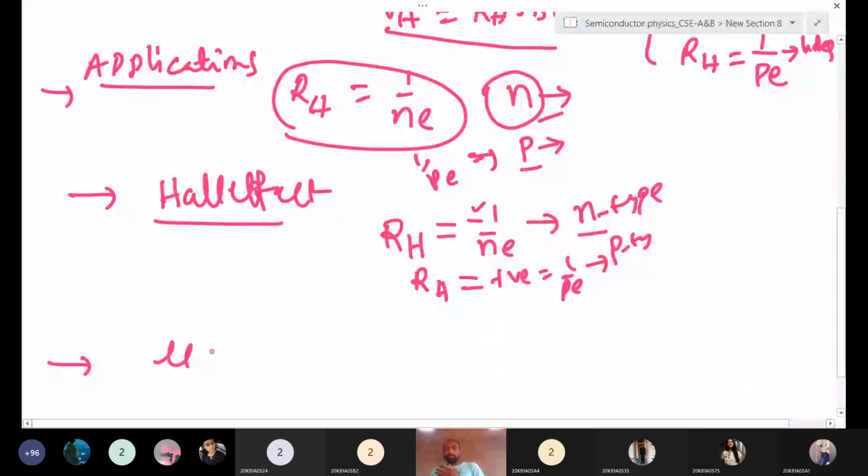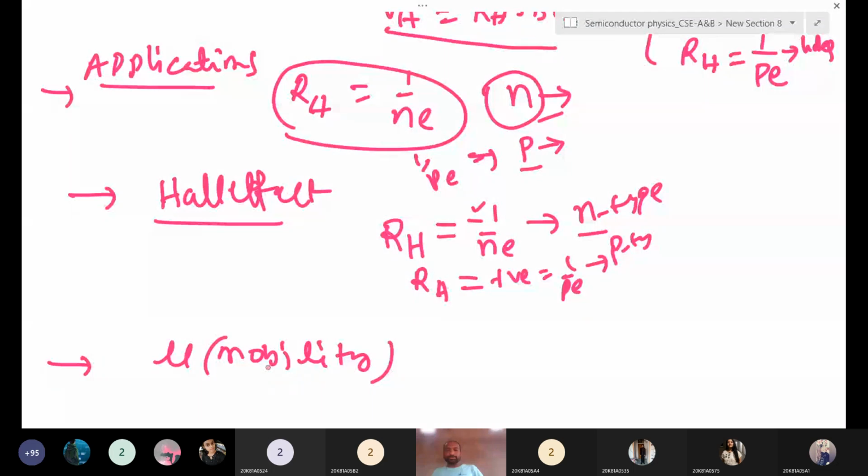You can write it as sigma by Ne for electrons, where sigma is the conductivity of the sample. Using this formula you can estimate the mobility of charge carriers, for holes or electrons.